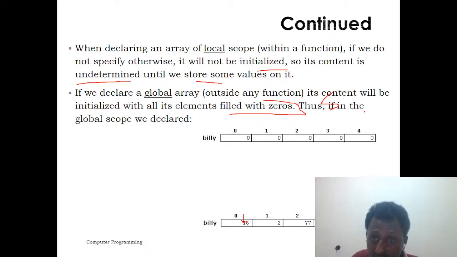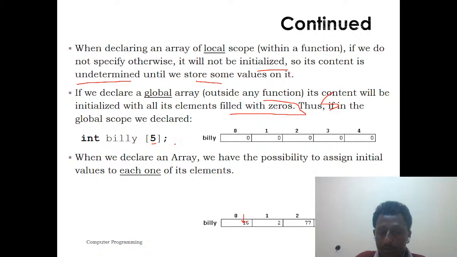Thus, if in the global scope we declare int billy[5], having array size 5, it looks like this. The compiler creates in your memory 5 boxes with this array name, indices 0, 1, 2, 3, 4, having a default value of 0.